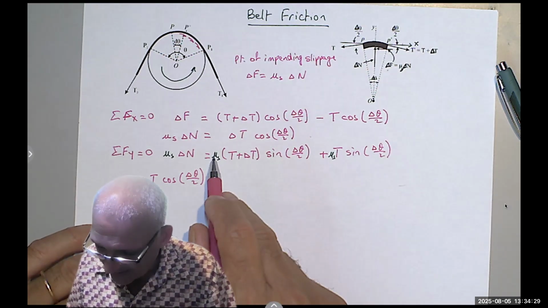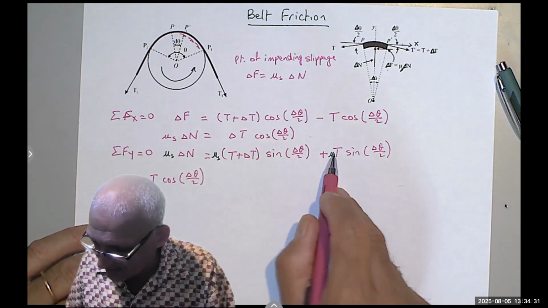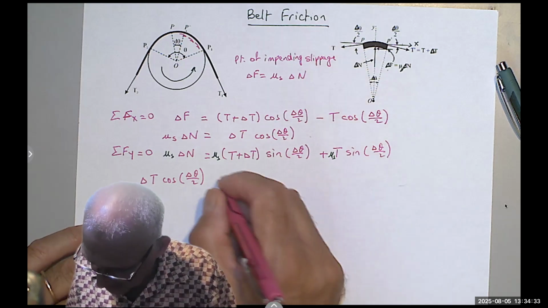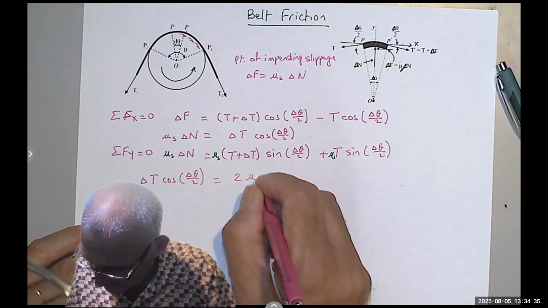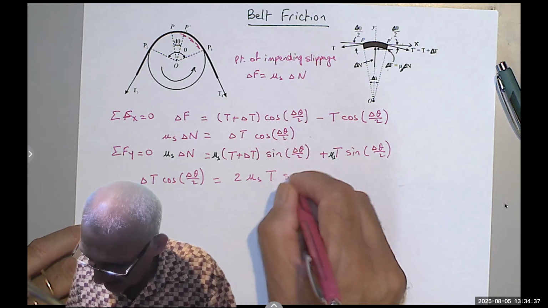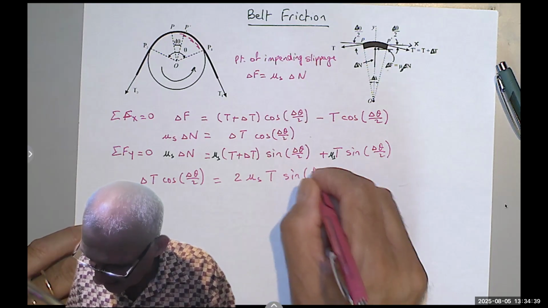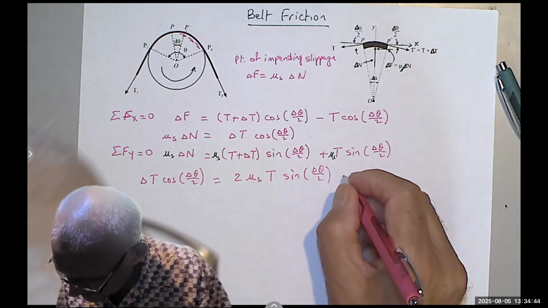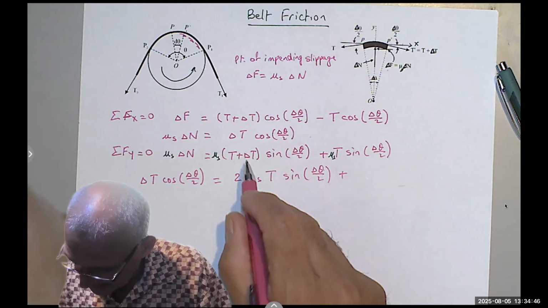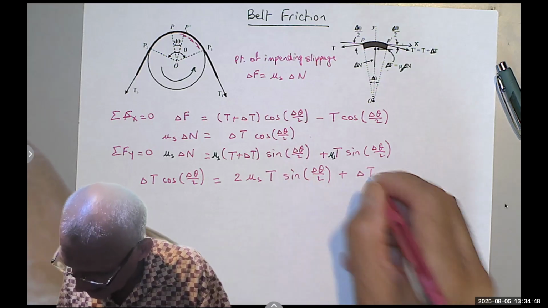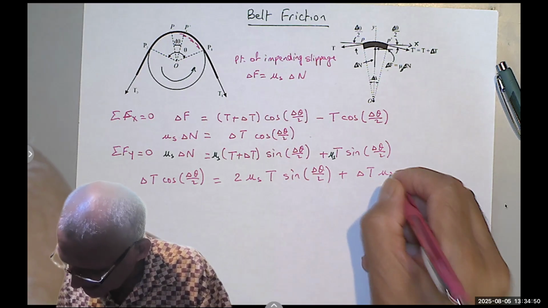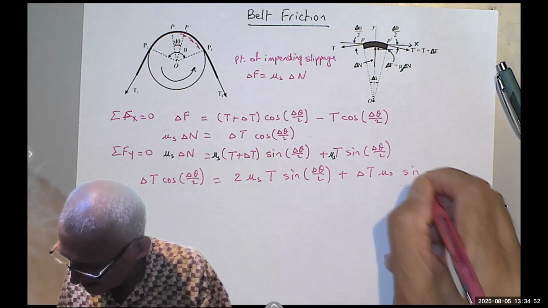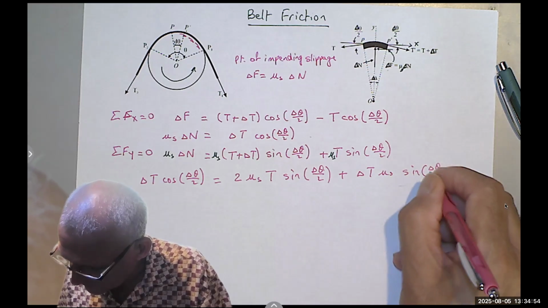Notice I have mu sub s T sine plus mu sub s T sine. So that becomes 2 mu sub s T sine delta theta over 2, plus delta T mu sub s sine delta theta over 2.